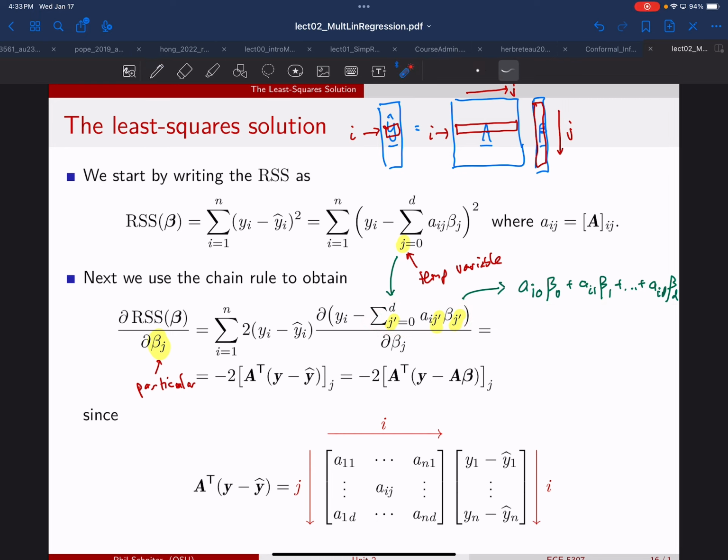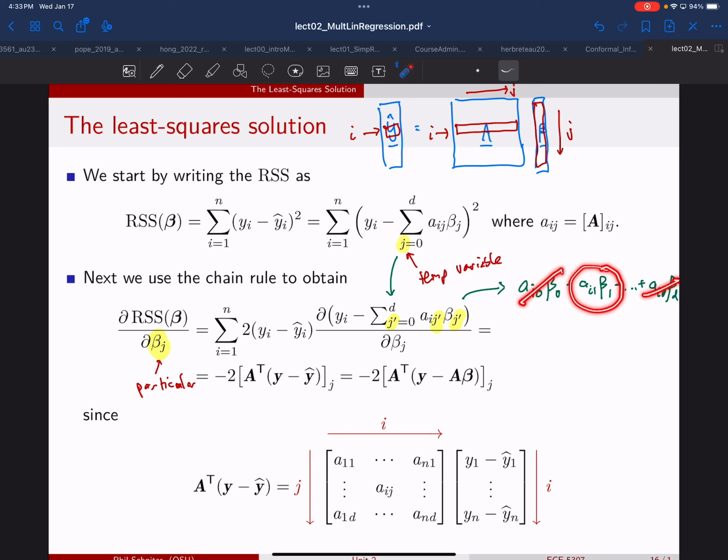I want to take the partial derivative with respect to that. That's going to be one and only one of these terms, right? In particular, it's going to be the term where j prime is equal to j. So maybe, for example, if j is 1, that would be this one, in which case all these other terms here don't contribute to that partial derivative because they don't depend on beta j.